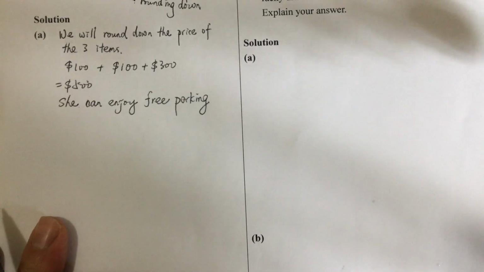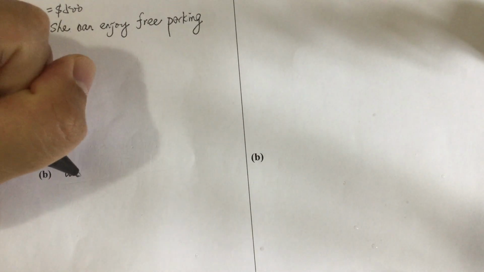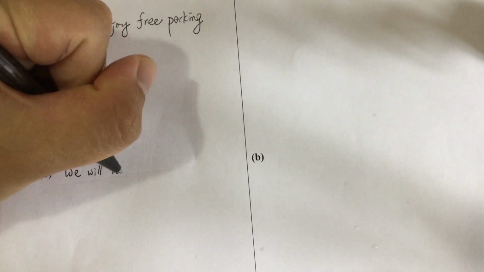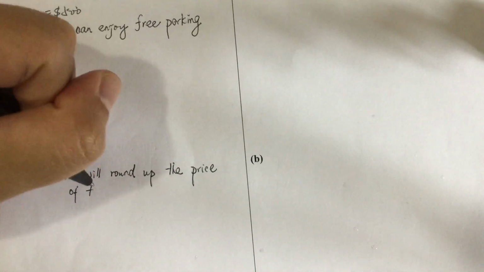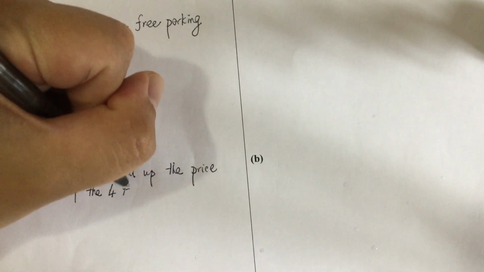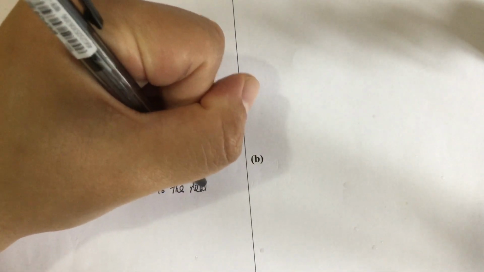So we are going to round up all these items, all 4 items, to the nearest 10.